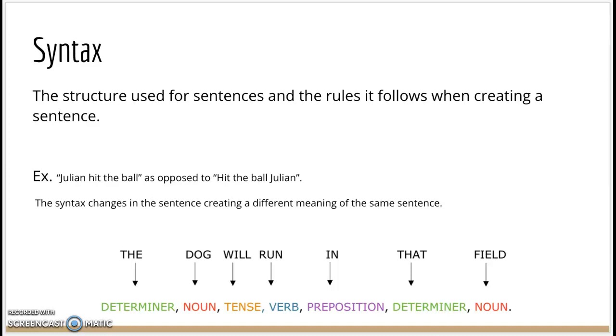Another example, just showing the structure, is this image that says "the dog will run in that field," and it shows you which parts are what, and really gives you a visual on the structure that a sentence is made with.